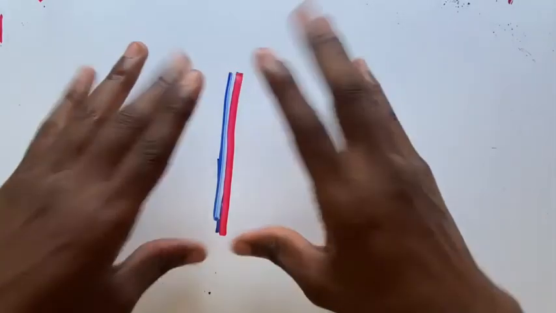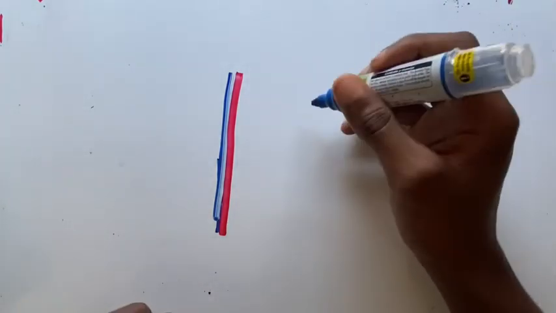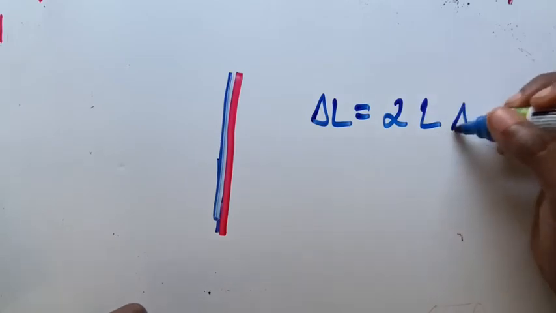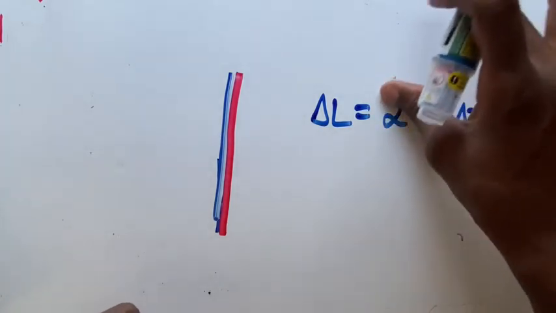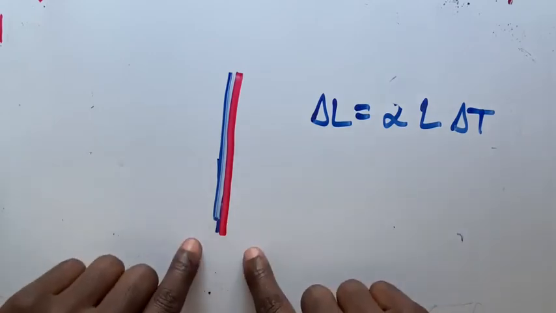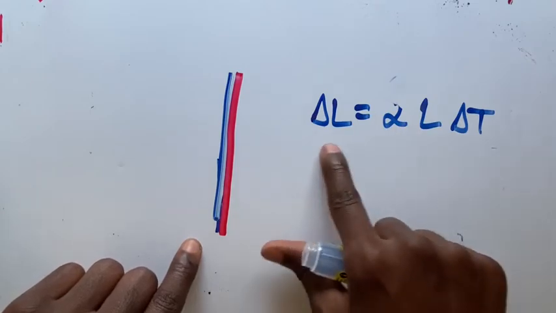This strip gets heated up, and we know when things heat up, they tend to expand. When a metal heats up, it tends to get longer, and that's given by this equation, alpha L delta T, where if we change the metal by some temperature change, the original length is going to change by this much.